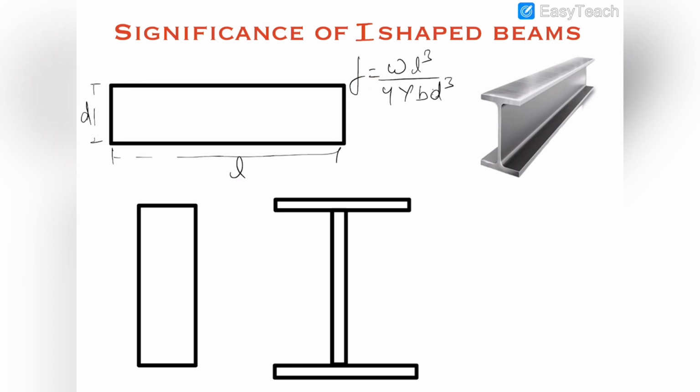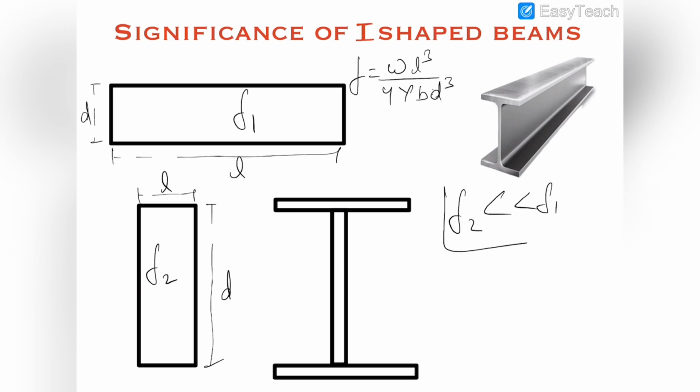Now if we use a beam of smaller length and greater depth, let's suppose the depression in the first beam is delta 1 and in this beam is delta 2. We have decreased the length and increased the depth. By decreasing the length and increasing the depth, del will decrease quite significantly, and therefore delta 2 will be very much less than delta 1 for the same load.